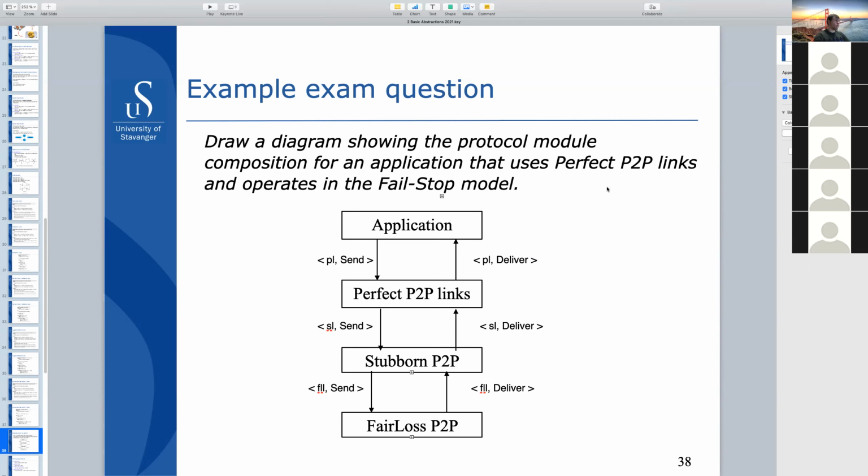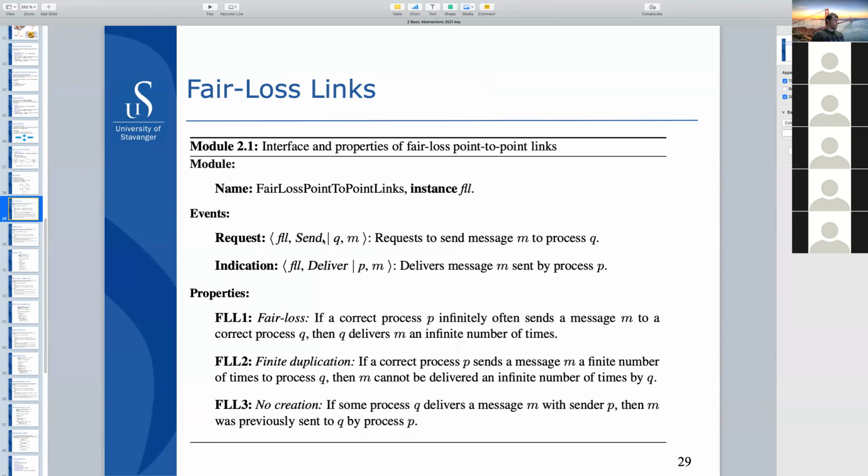You probably will not receive the specific question with the perfect P2P links, but if you get such a question on the exam, you will be provided with the module description of the algorithms that are relevant, or the modules that are relevant. So you don't need to memorize the event names and such.